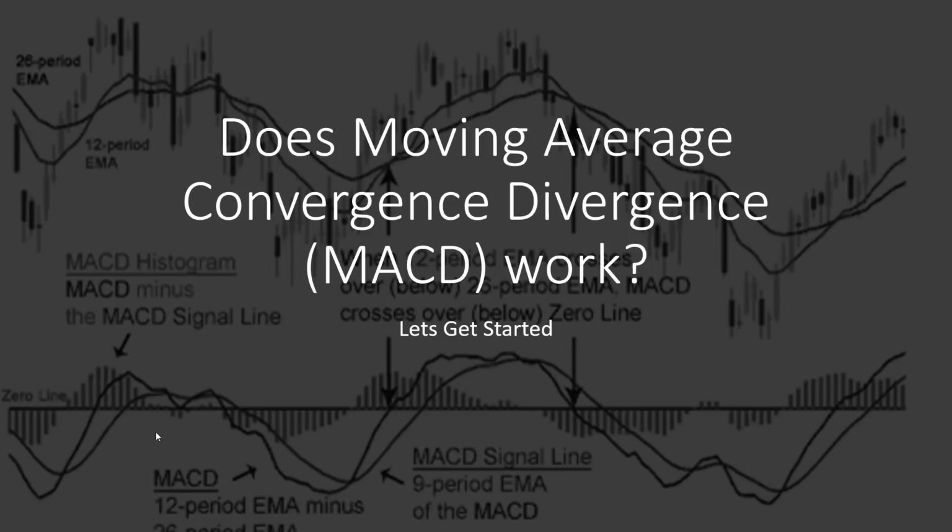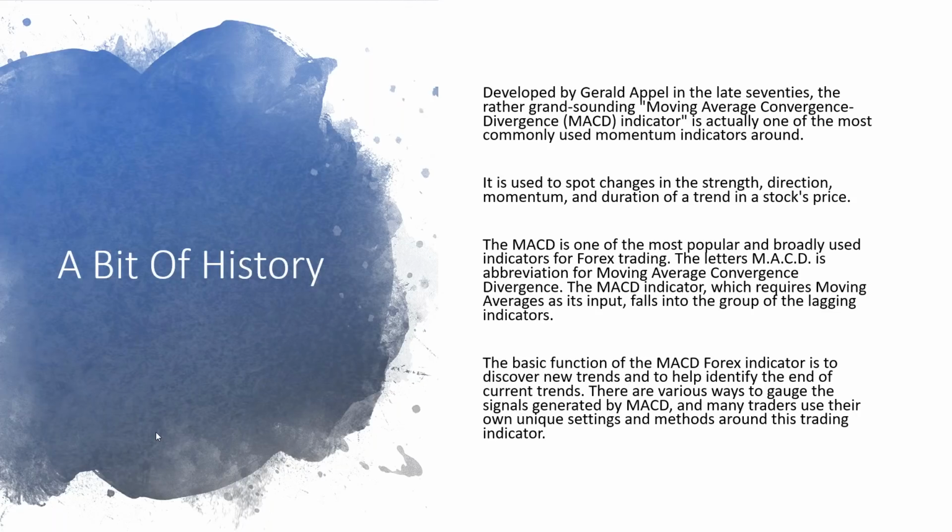So let's get started with moving average convergence and divergence. Before we actually put it on the charts, let's go through a little bit of history. This indicator was developed in the late 70s by Gerald Appel. If we remember back to the late 70s, and I'm sure a lot of you aren't even old enough to remember the 70s, there was no online trading, and most traders were trading stocks.